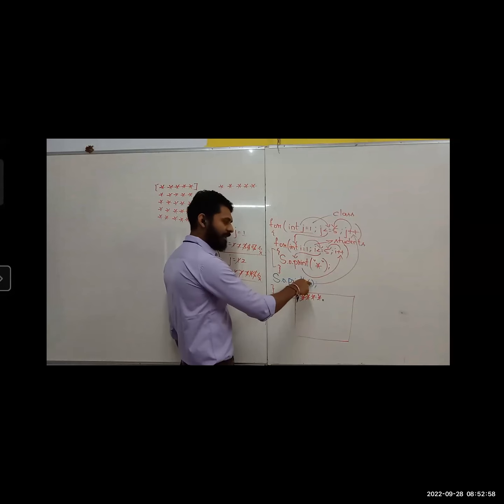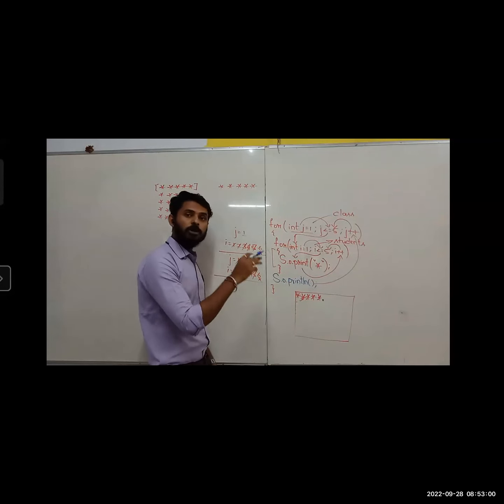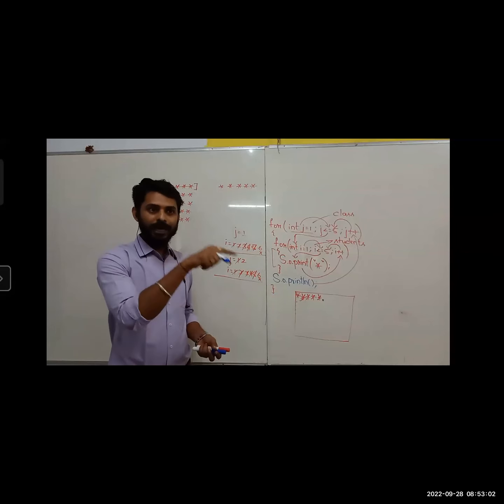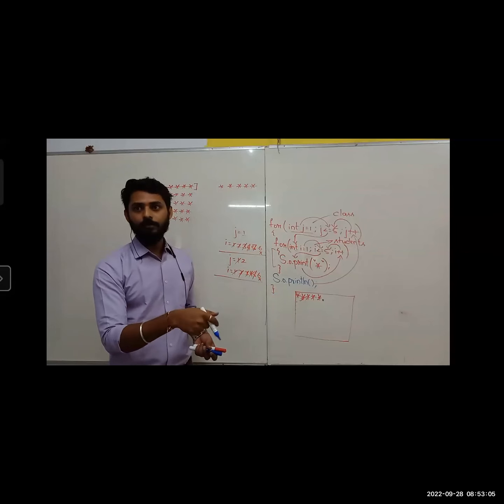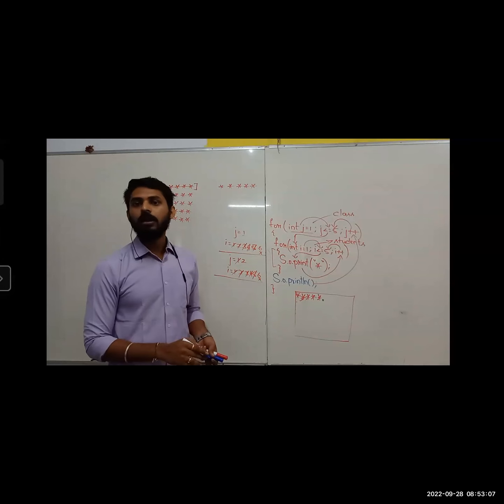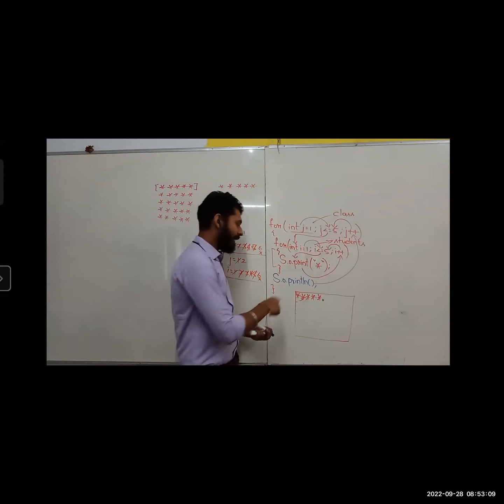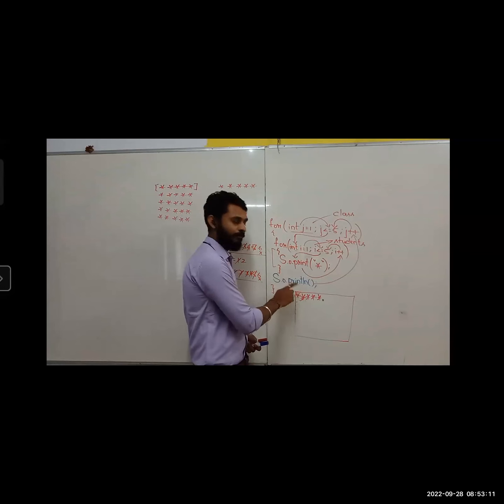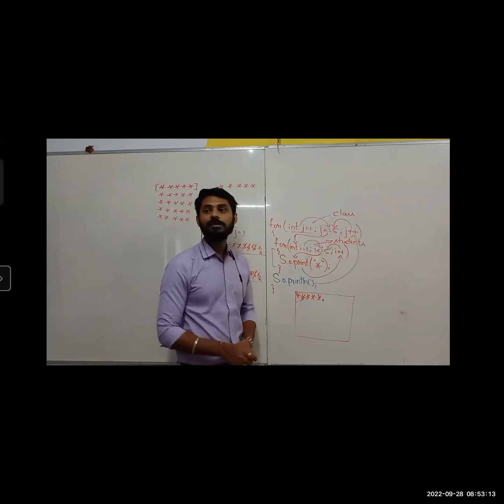Do I have to print anything here? If you want to print anything, it will print that and come to the next line. But do I want to print anything? Not really. So directly I have just written println. What will it do? It will come to the next line.